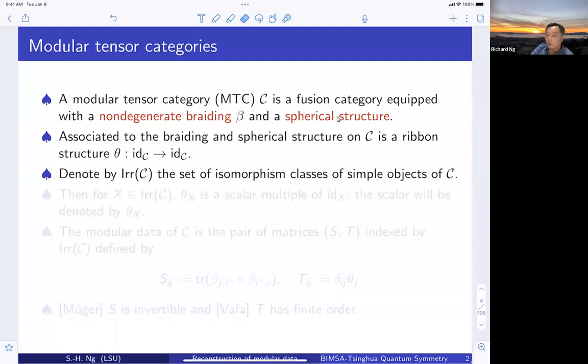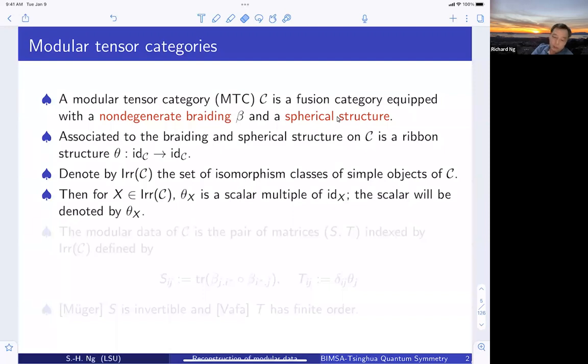The unit object 1 is always there by the definition of fusion category. And for any irreducible or simple object X in C, theta_X is actually a scalar multiple of the identity, by using Schur's lemma or the definition of fusion category.